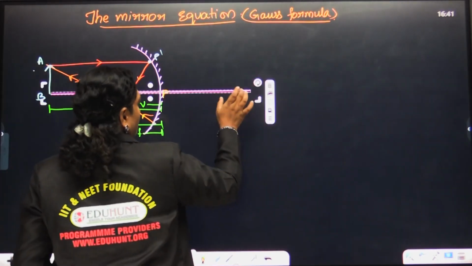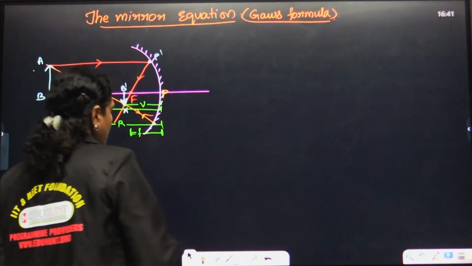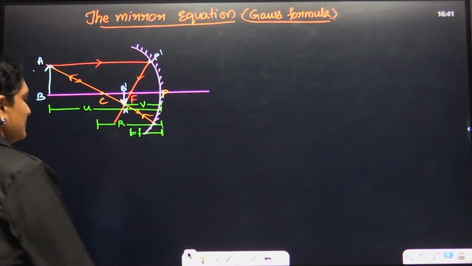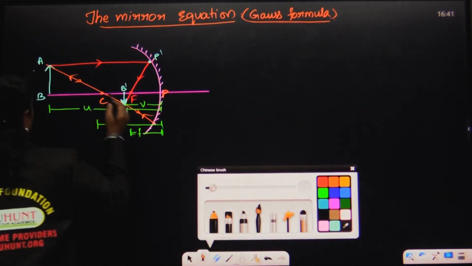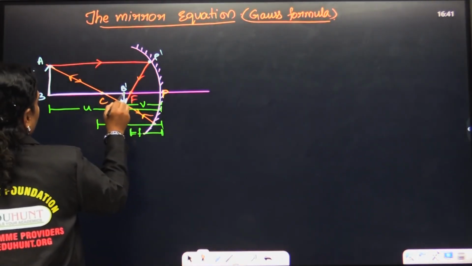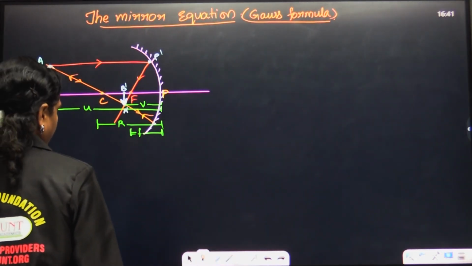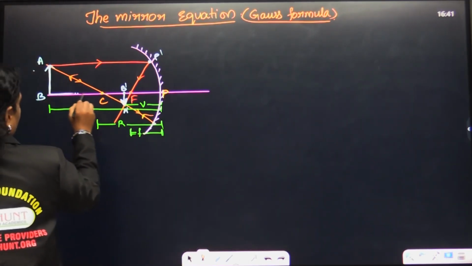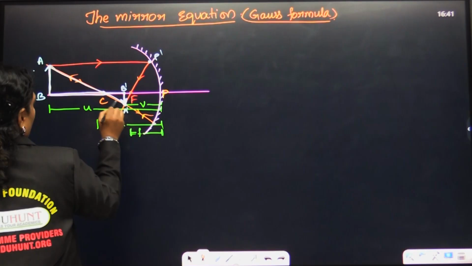If you observe the picture carefully, you can observe two similar triangles. Let us focus on those two similar triangles. One triangle is ABC, the bigger triangle, and here is one more triangle, the smaller triangle.